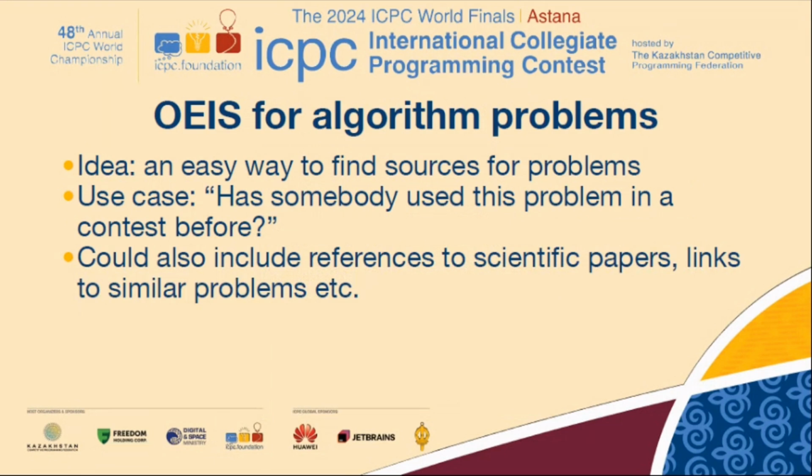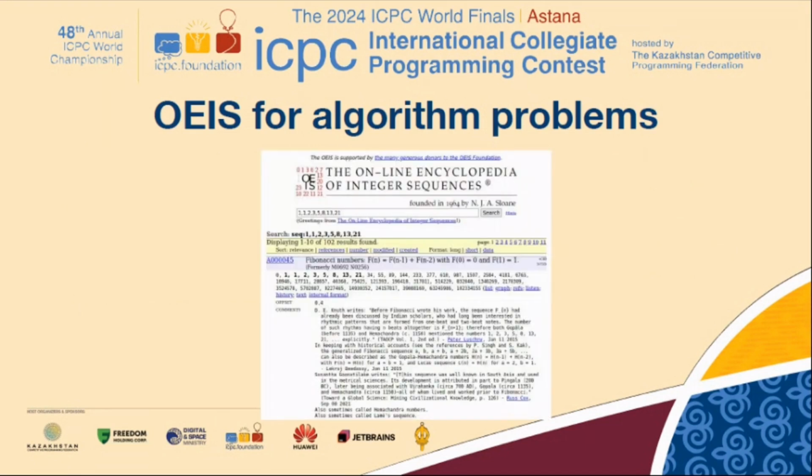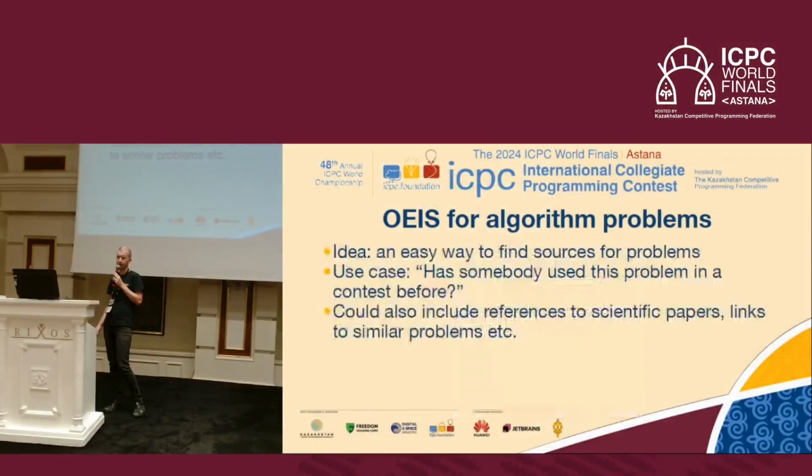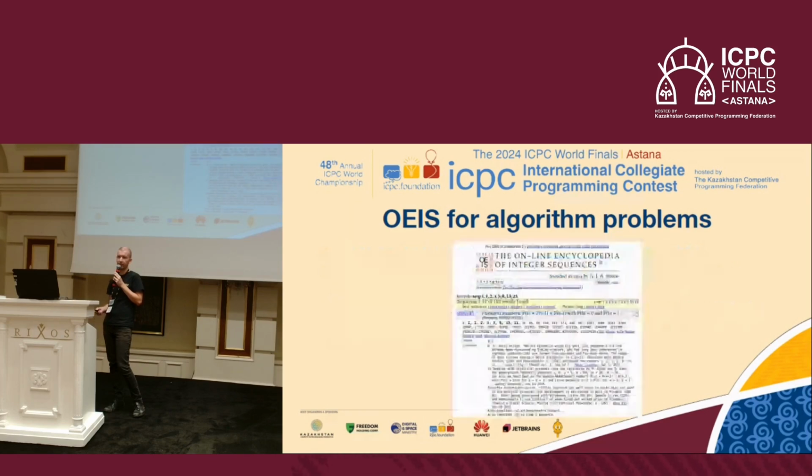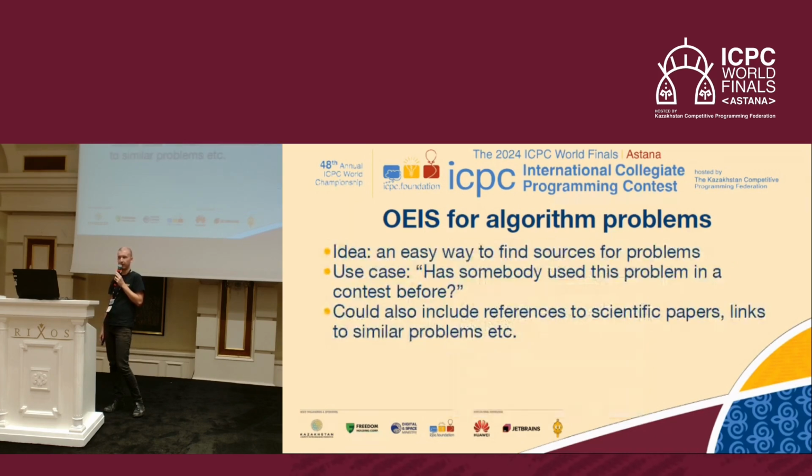It would be very nice if you could use this kind of interface and then find it easily. At the moment, it can be very difficult to find. Also, like this page, it could contain some information like scientific papers and how to solve the problem and links to similar problems and so on.